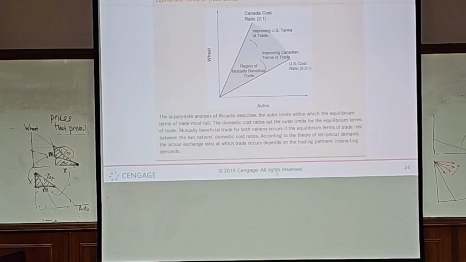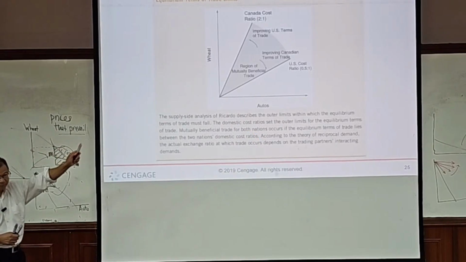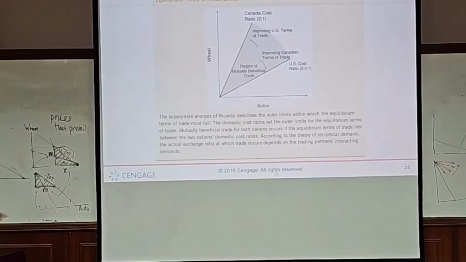We can put together this graph. That's the upper limit for USA. This is USA. Canada, this graph. That's the outer limit for USA. Got it? Canada, this graph.